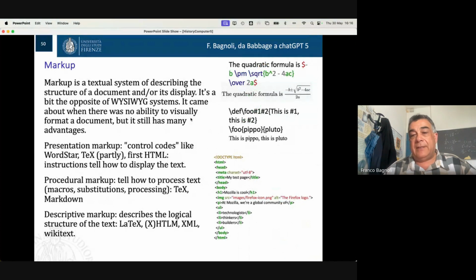Clearly, markup is not a new concept. For instance, you can use LaTeX or TeX, or there are many. Wikipedia also has its own ways of specifying markup, and every editor had a way of marking text for having a different representation.